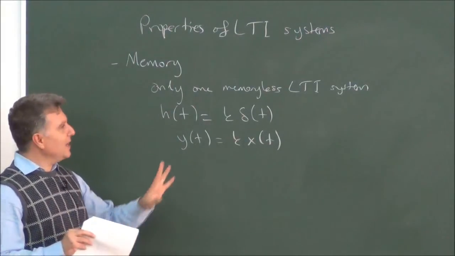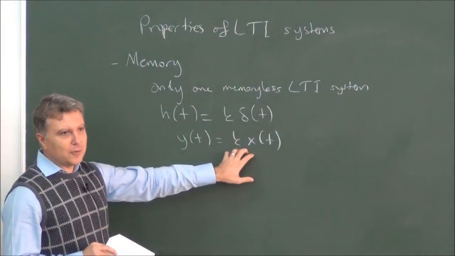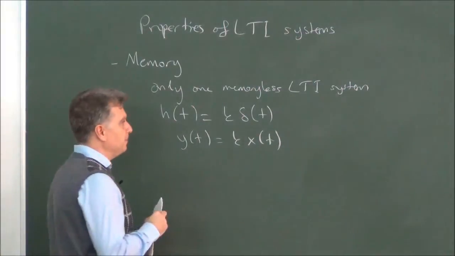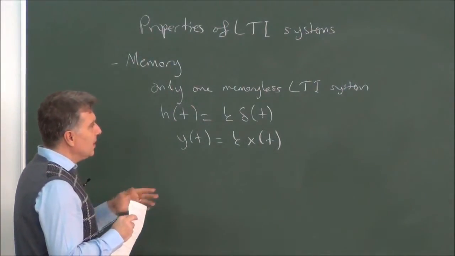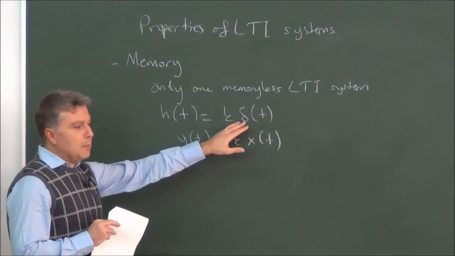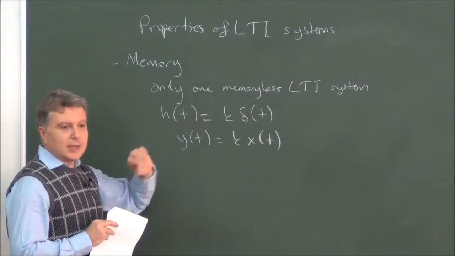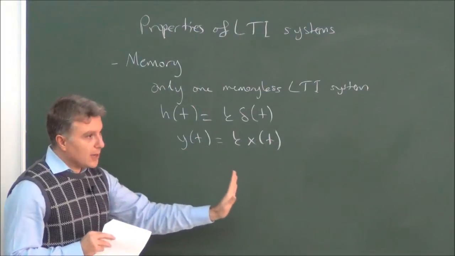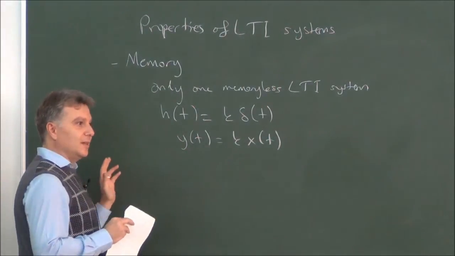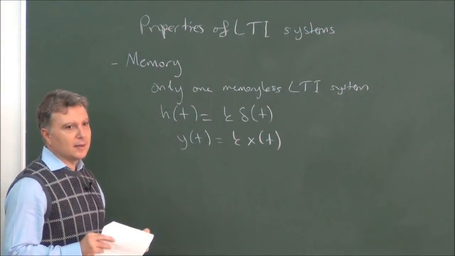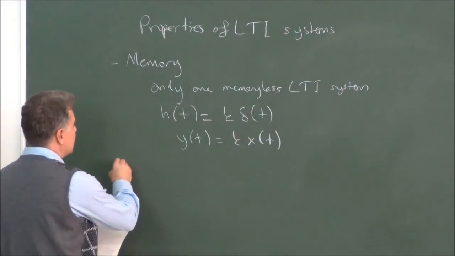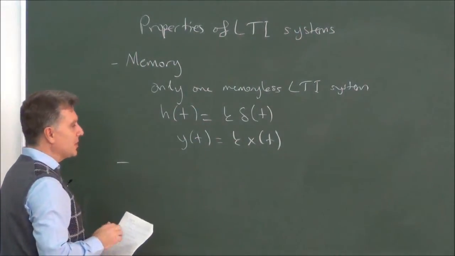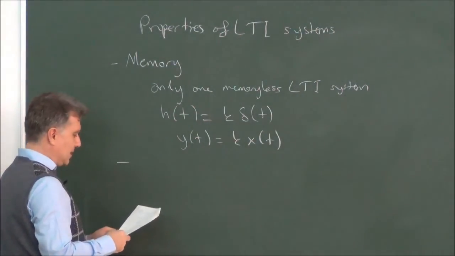But if it is an LTI system, we cannot think of anything else than this one. All the other things, even the impulses, will contain some memory. If the impulse response is to the right or to the left, then you have memory. So this is a relatively useless property then. It is not so important.